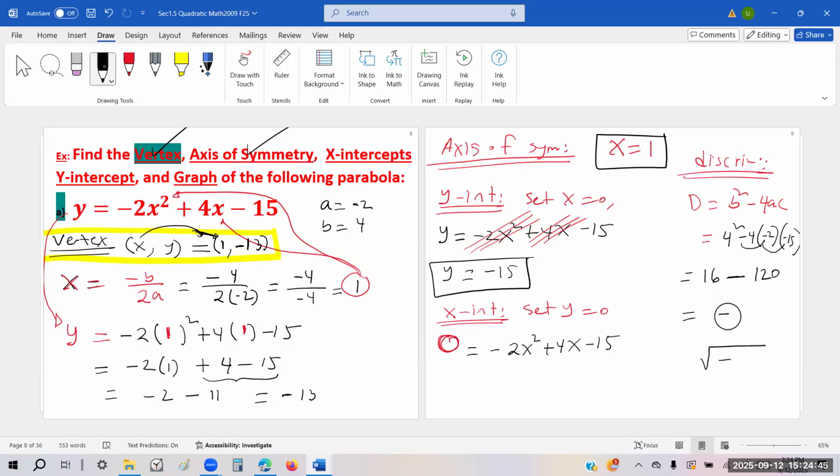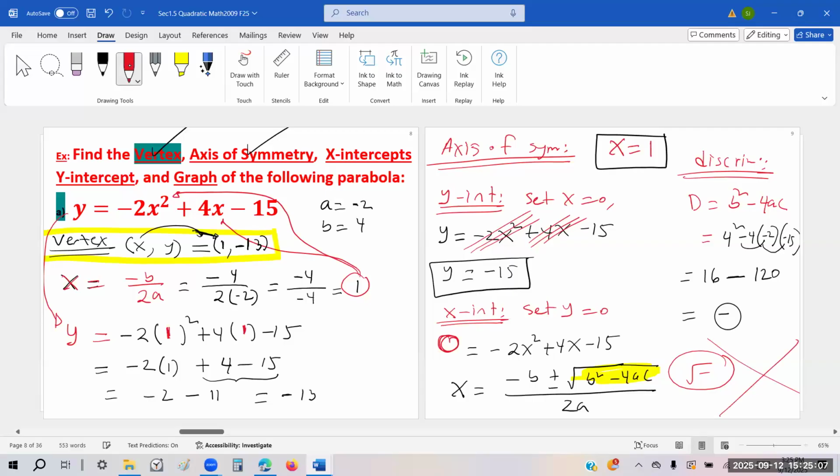Do you have any x-intercept? No. Because if you want to solve for the x-intercept, we can use negative b plus or minus the square root of b squared minus 4ac, divided by 2a. Now, without even solving anything, we realize this thing is the square root of a negative, so automatically it doesn't exist.